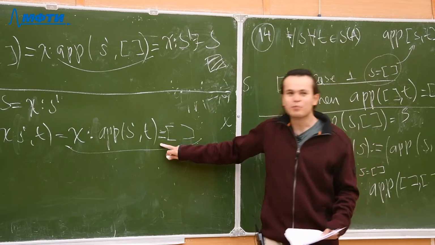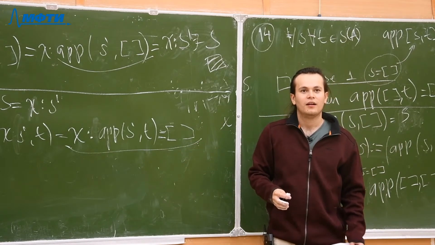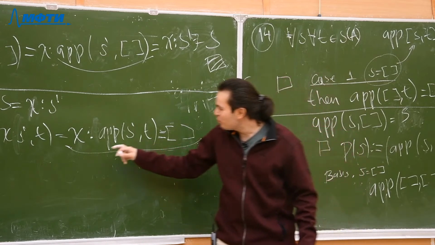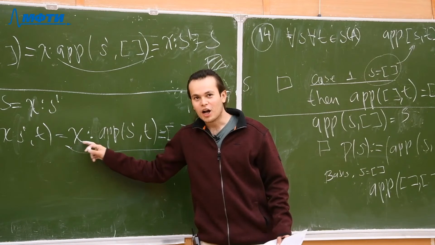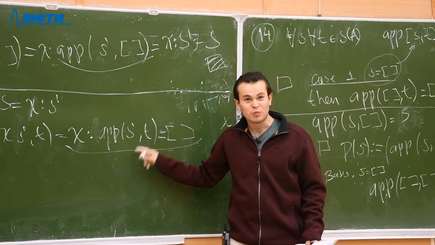So is this possible or not? Why? Yeah, this is the empty string and this is some x column some string. Is this possible or not? This is not possible. Why?